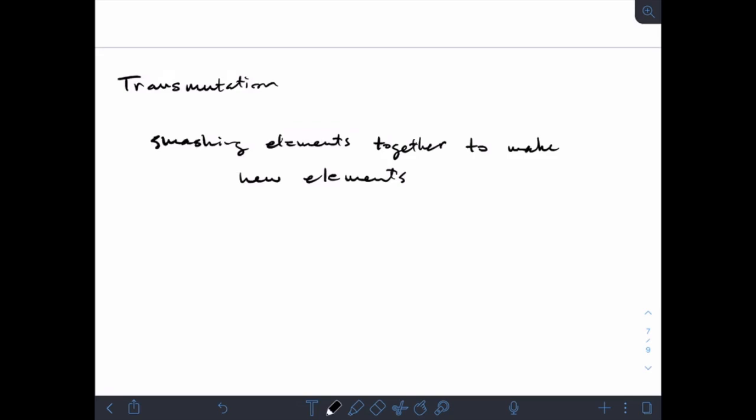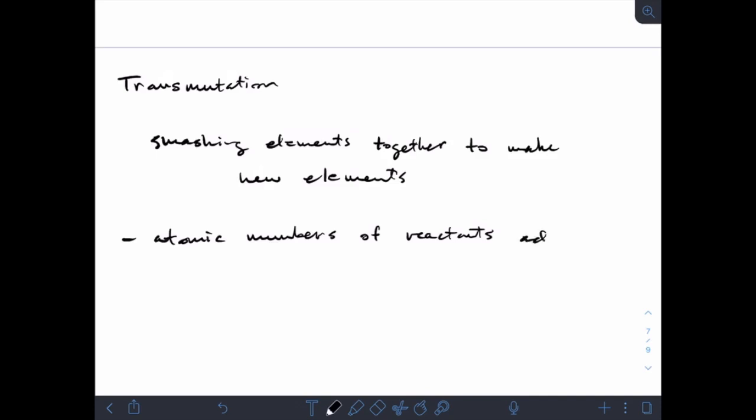Okay, so important things to look at in problems with transmutation in your homework and such is that the atomic numbers in the equation of the reactants add up to the atomic numbers of the products.